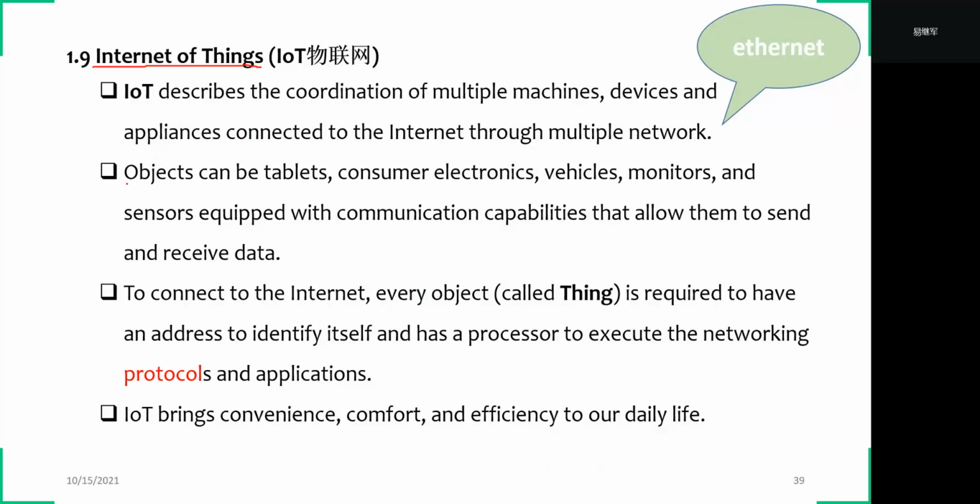Objects can be consumer electronics, vehicles, monitors, and sensors equipped with communication compatibility that allows them to send and receive data.